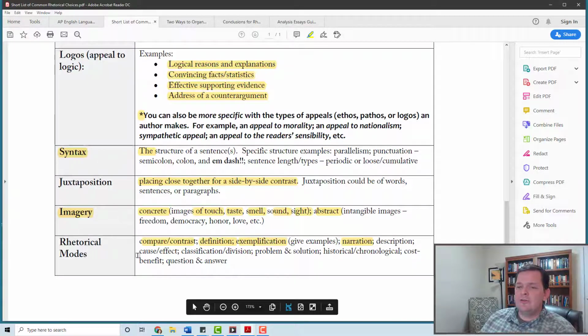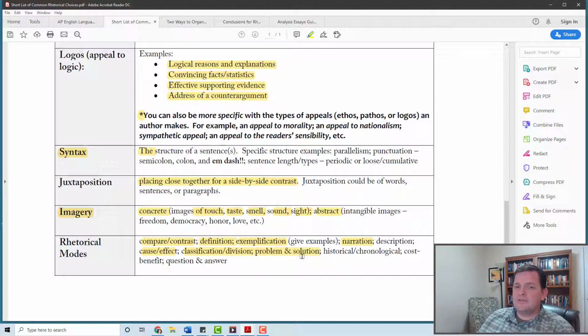You can talk about their logical portrayal of cause and effect, their systematic classification or division. They're using the structure of problem and solution. They may talk about history or chronological elements. They can do a cost-benefit analysis in their rhetoric to try and prove a point, or a question and answer to prove a point.